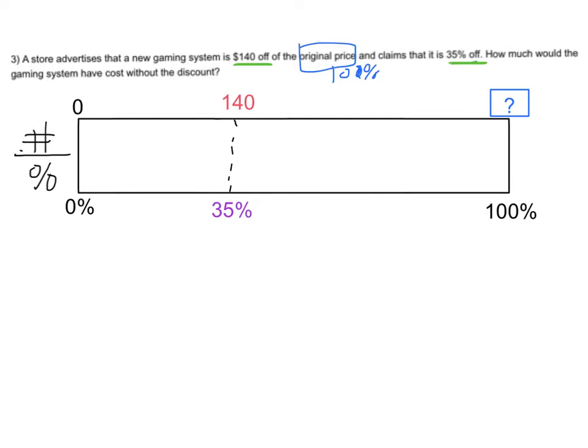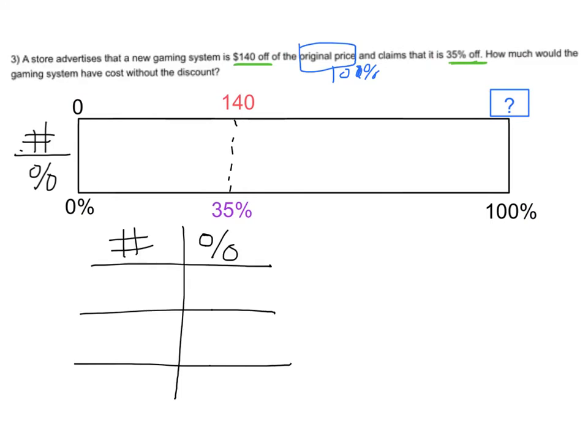So we want to know, if $140 is 35% off, how much is 100%? So let's try to make our ratio table. Our dollar amount is 140, our percent happens to be 35%, and now we want to try to get to 100%.